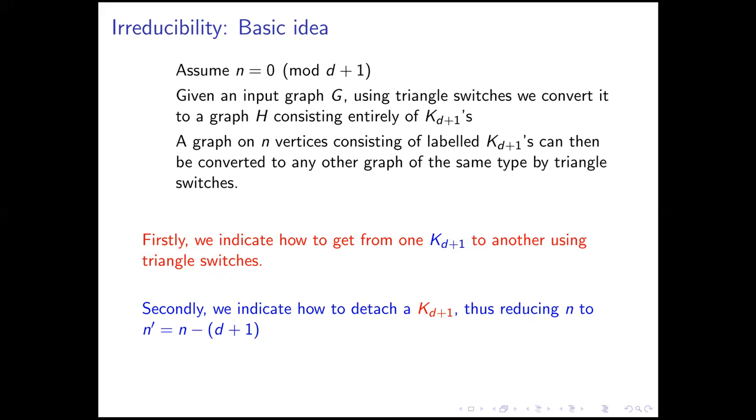And then we're going to indicate how to detach a complete graph on d plus 1 vertices from the rest of the graph, thus reducing, inductively, the number of vertices which need to be reduced to K(d+1)s from n to n minus d plus 1, because with positive probability the chain won't touch those complete graphs on d plus 1 vertices.